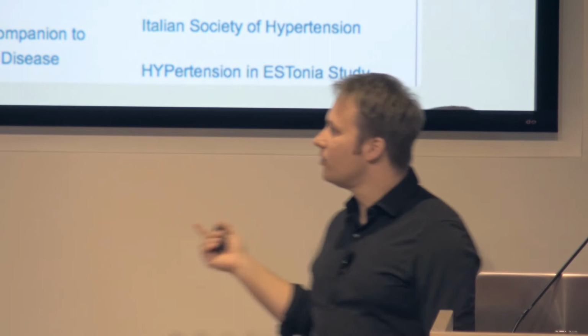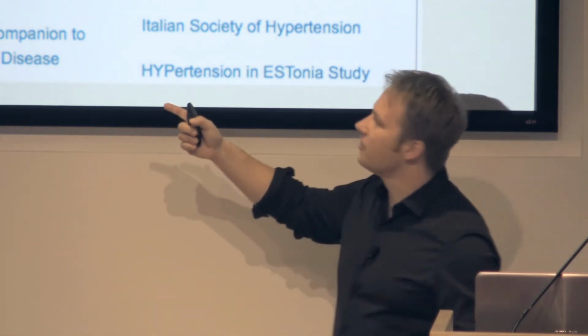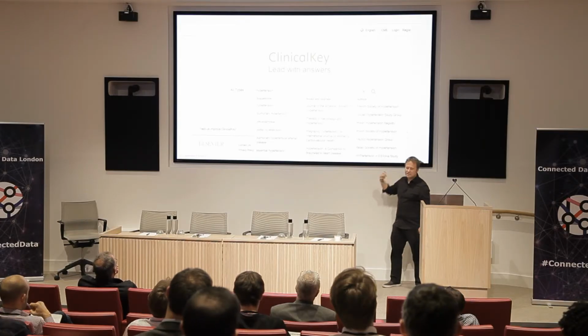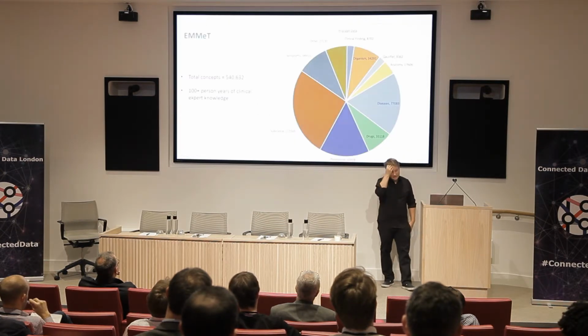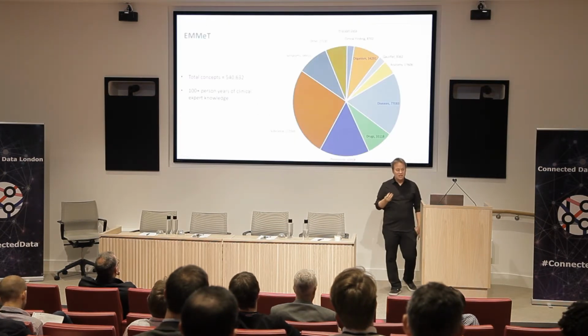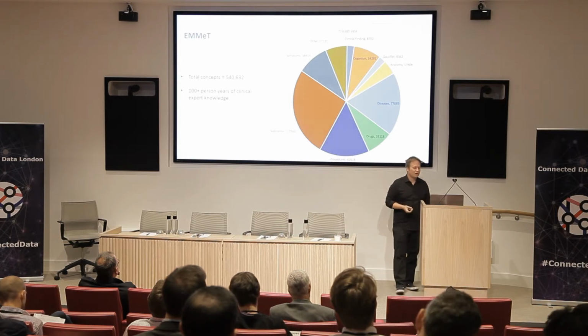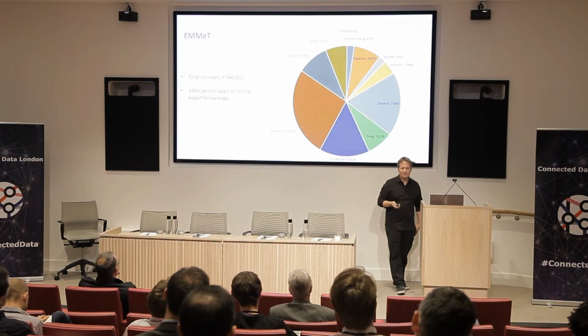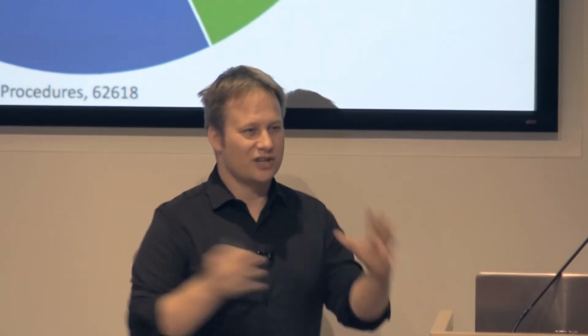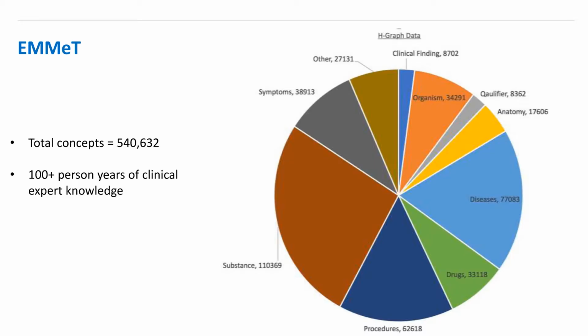The backbone of Clinical Key is disambiguated entities that we can search on. And that is this taxonomy that we've built called Emmet. It has about 540,000 concepts once you do some math. And this is all hand curated.